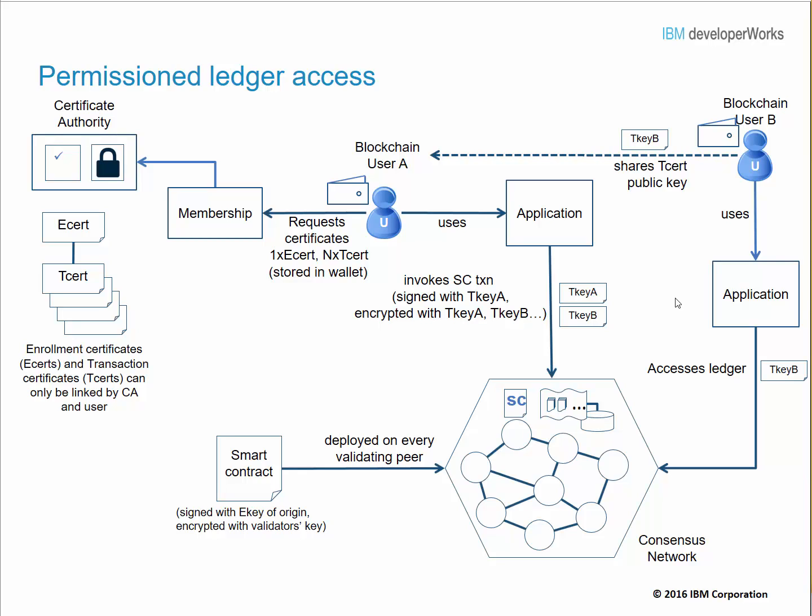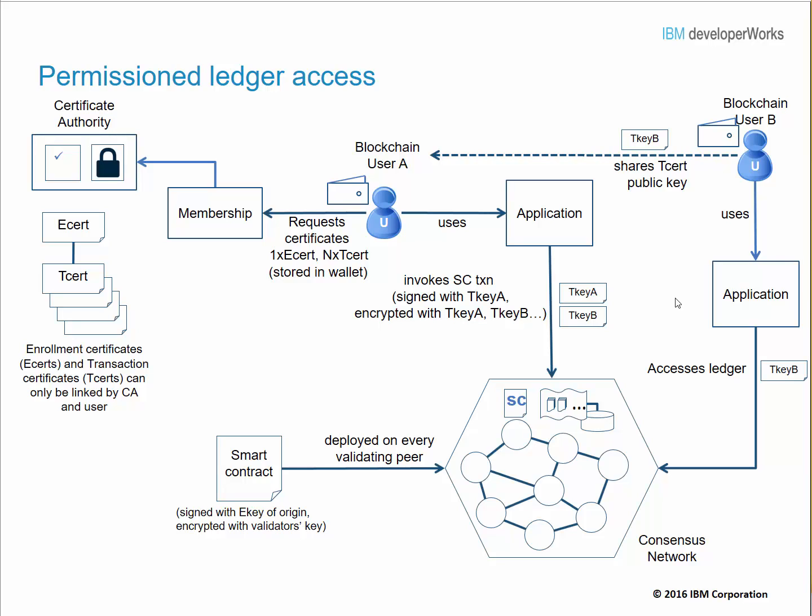These are short-lived certificates, which you can think of like credit card numbers that are generated on the fly for a single e-commerce interaction, which allows online buyers to operate with a much greater degree of security and privacy because their real credit card numbers are never shared with the merchants. There is one level of indirection where a one-time credit card number is generated for that e-commerce transaction, and that is mapped back to a real credit card number. But again, this is outside the scope of the merchant.